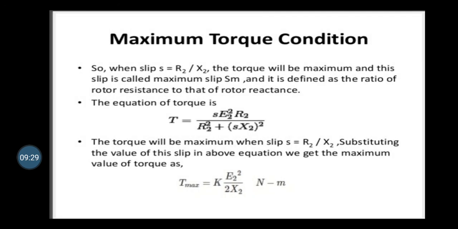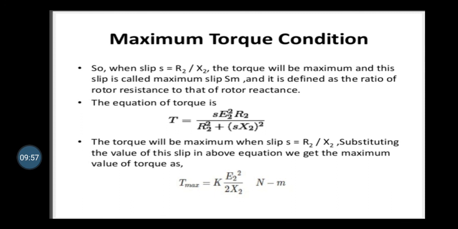So the slip at which we get the maximum torque is S is equal to R2 upon X2. This slip is known as Sm, and it is defined as the ratio of rotor resistance to rotor reactance, at which we get the maximum torque.